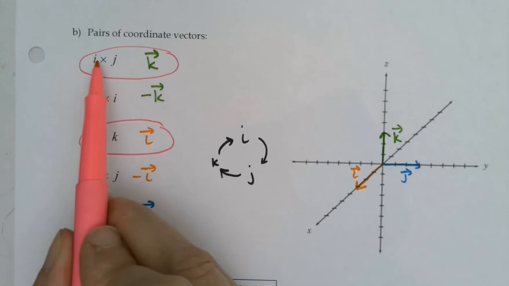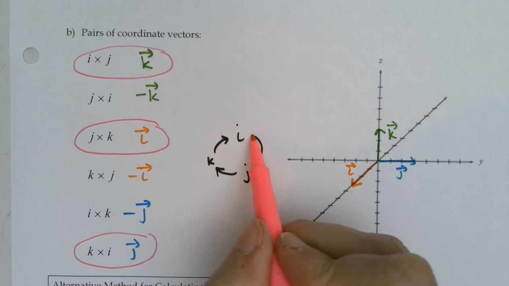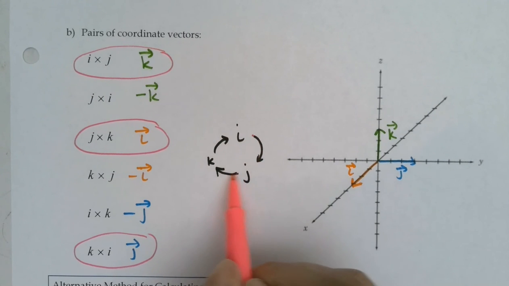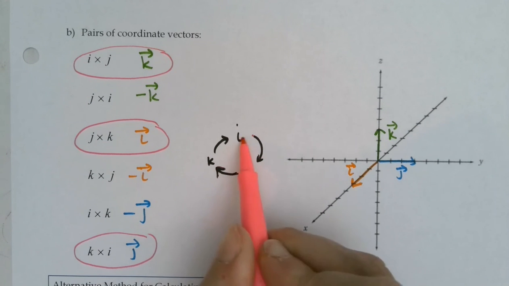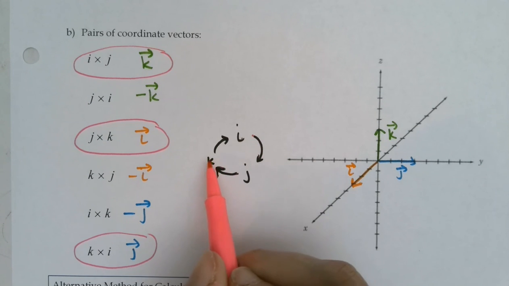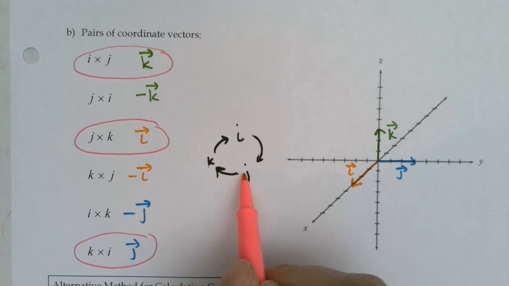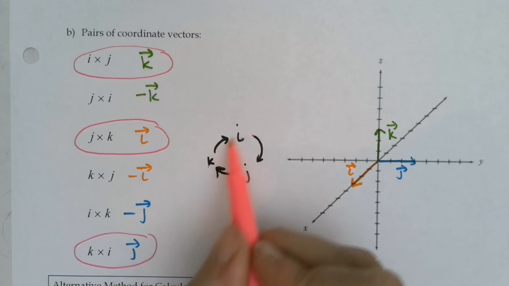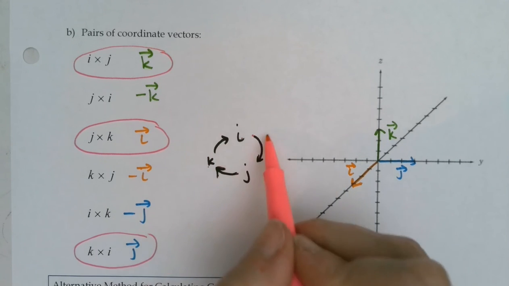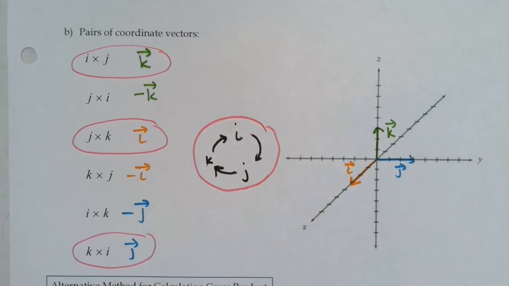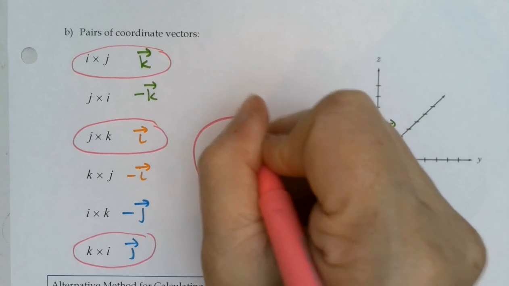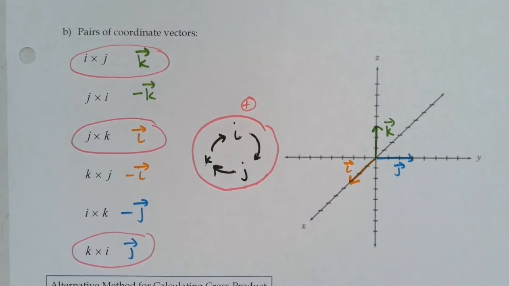So I cross J leads to K. K cross I leads to J. J cross K leads to I. That's those three pink ones working out together. That's the positive orientation direction, so it'll flip around like that. And you can tell there's obviously a negative one working as well.